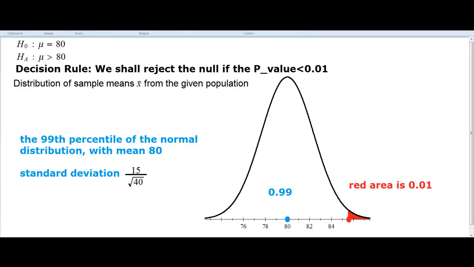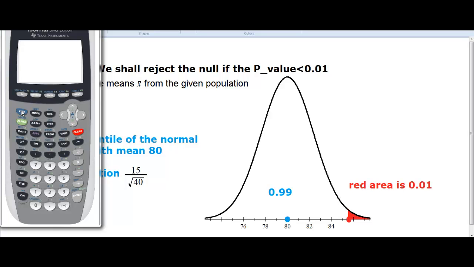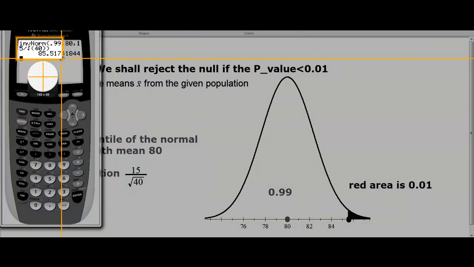Let's get our calculator up here, and we go to second vars to get to the distribution. Then we compute the percentiles. Inverse norm is the method to do that, and the mean is 80, and the standard deviation is 15 over square root of 40. And there you go. It comes out to be about 85.52.